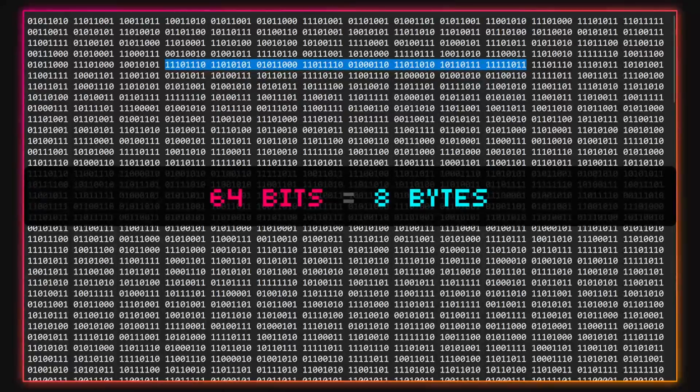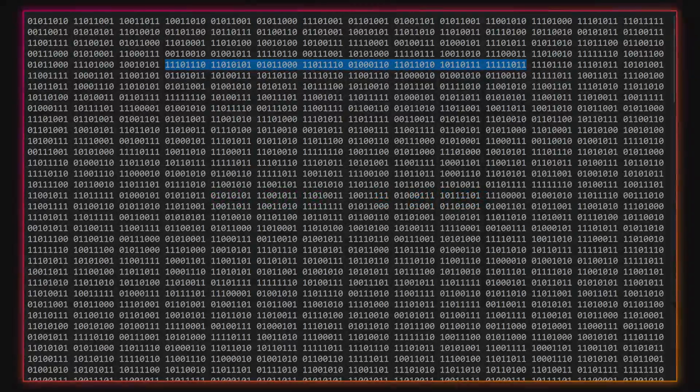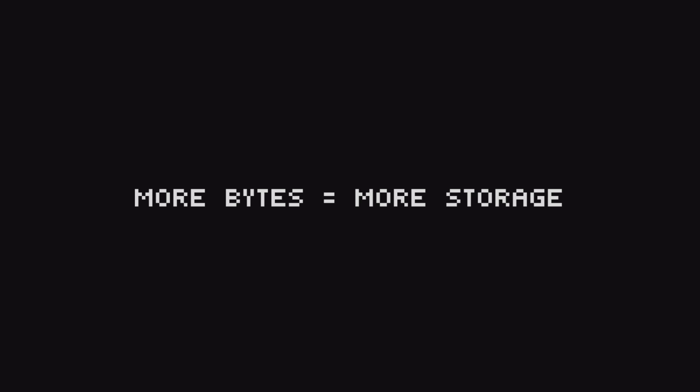The reason why we have these different sizes is for a very useful reason. By increasing the amount of bytes, we also increase the amount of storage a number can hold. The maximal decimal number of 1 byte is 255. This is enough for a variable like health, where health doesn't get higher than 100. But if we are storing money, for example, you may want to store this in 4 bytes or maybe 8 bytes.